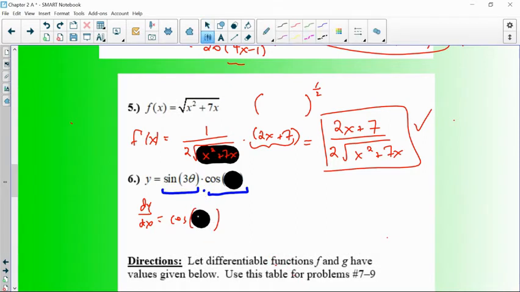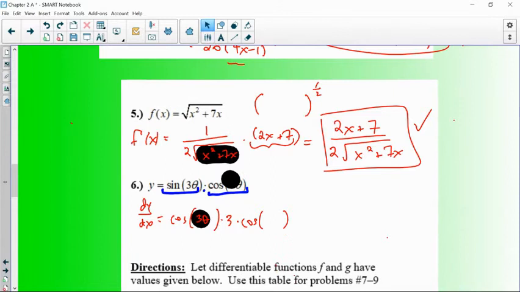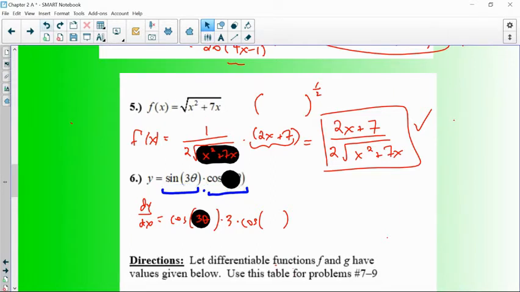So I'm going to put a 3 theta here and immediately multiply by 3 because that's the derivative. But now the product rule says do one function, leave the other function alone. So I'm going to leave cosine of this thing alone. And that thing was 6 theta, right? Cosine of 6 theta. But realize that I don't need a chain because I never did the derivative of cosine.